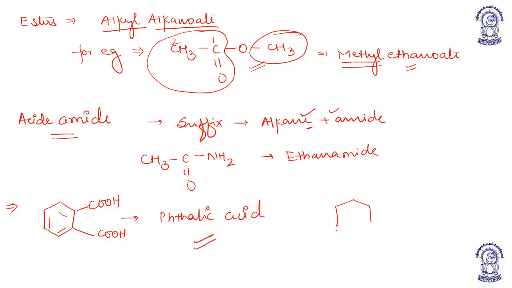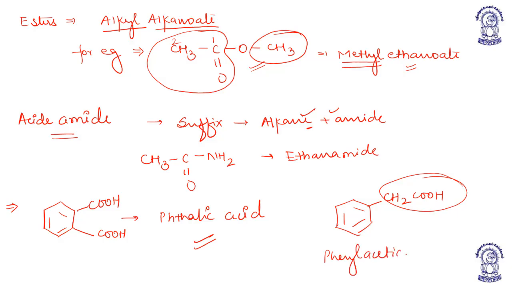If the aromatic hydrocarbon is attached to a side chain having the functional group, and this is the parent hydrocarbon chain, so it is phenyl acetic acid, or phenyl ethanoic acid. Understood? These are the IUPAC nomenclatures. Then we will talk about the physical properties.